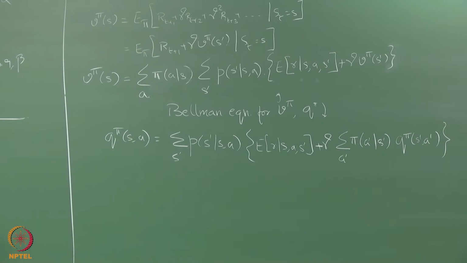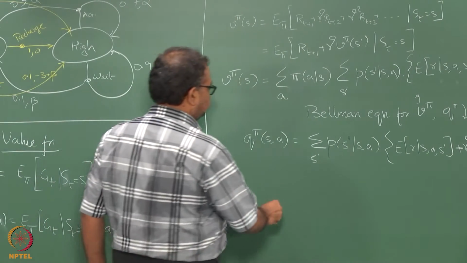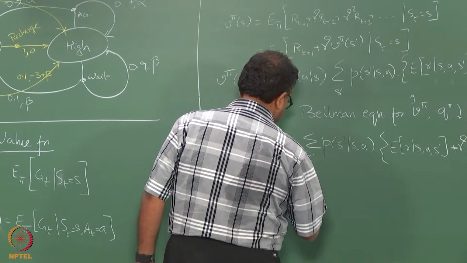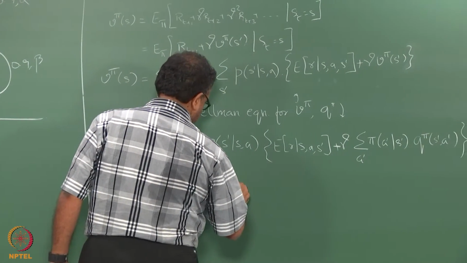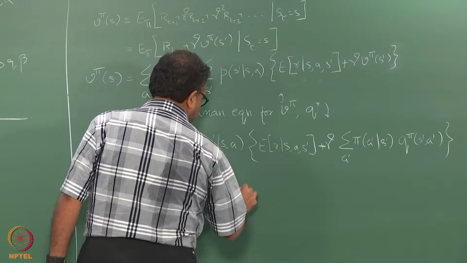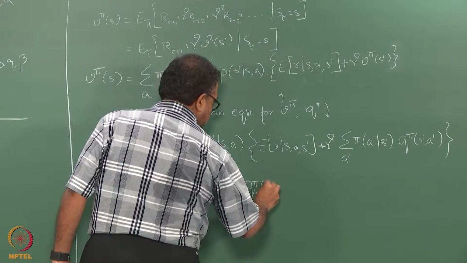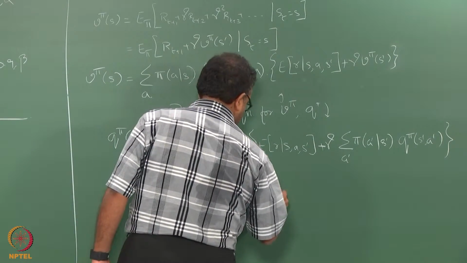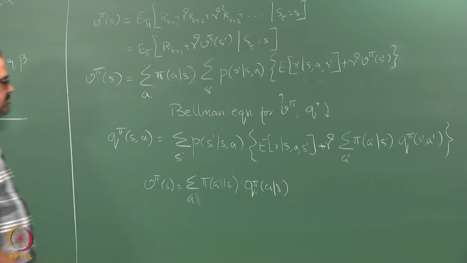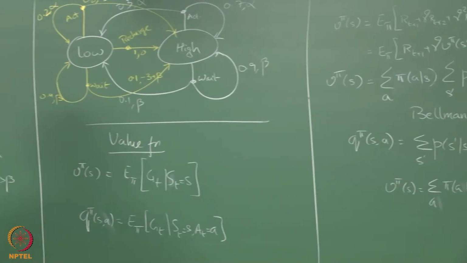Okay. So this should also give you one more ancillary equation, which is the way Q and V are related.